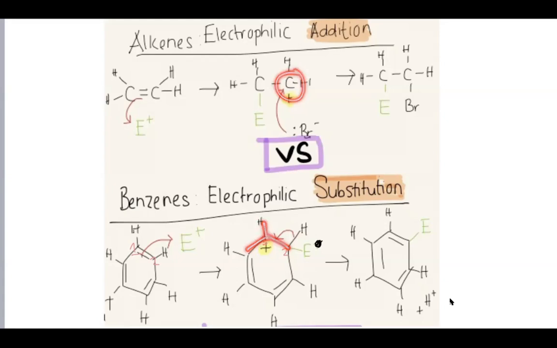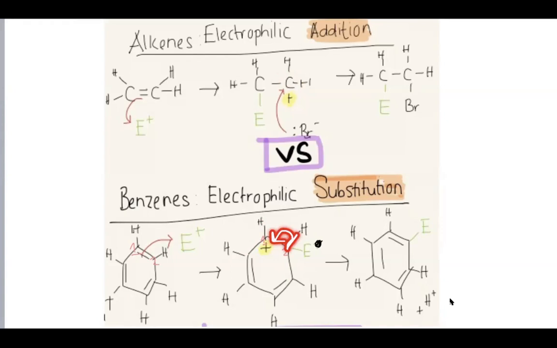Now I want to make the positive charge happy. I need to give some electrons to it. To cancel out a positive charge, you need some negative. That negativity doesn't come from an external nucleophile. What I can do is the carbon-hydrogen bond that I had originally can be broken, and the electrons from that bond can be donated to that positive charge.